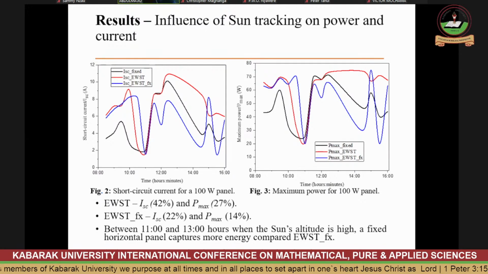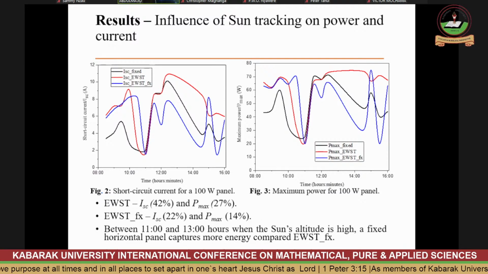As you can see, the improvement is 42% in the current for the east-to-west solar tracker compared to the fixed panel, but it is 27% in terms of maximum power. For the fixed angle east-to-west tracking, the improvement in the short circuit current is 22%, and the improvement in the power is 14%.